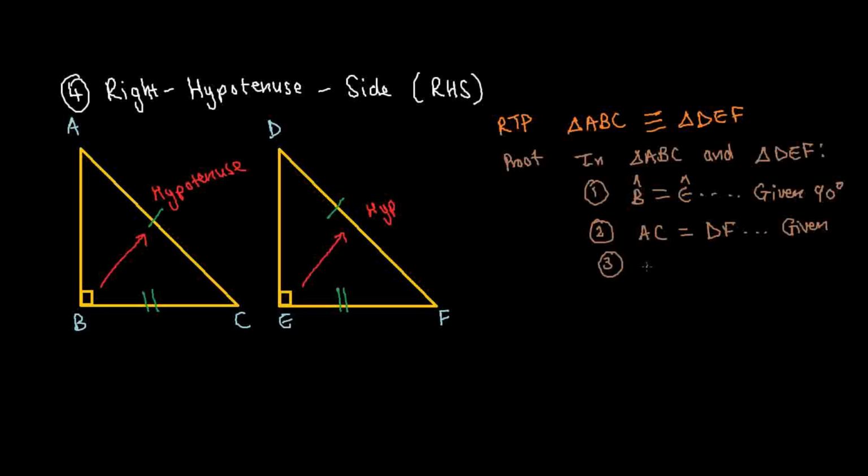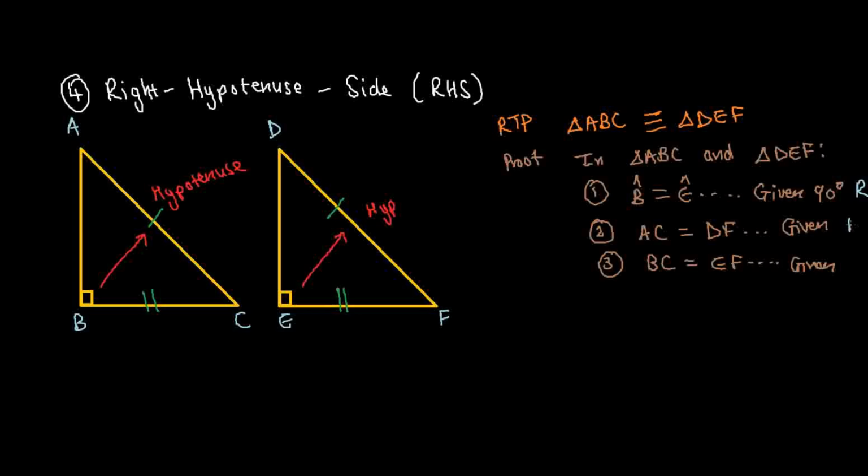And lastly, we can see that BC is equal, it's a random side, BC is equal to EF, and that is also given. Please note, whenever you see a right angle triangle, don't just assume that it's right hypotenuse side. If it follows the sequence of right hypotenuse side, that's great, then it is. But not in all cases. In this case, I can see it's right because both are 90 degrees, angle B and angle E, and they're equal to each other.